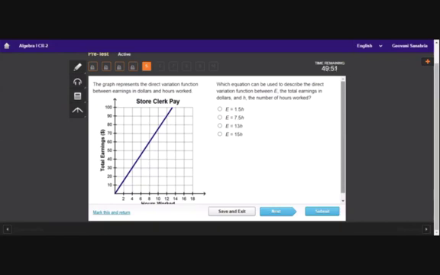Do you have a guess on how to do this? I'm just trying to work it out. So is it a direct variation? That doesn't mean anything, right?